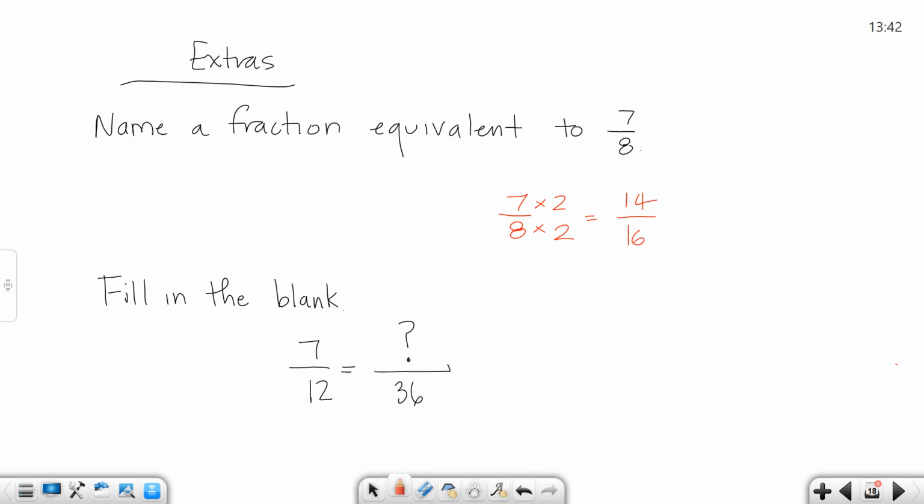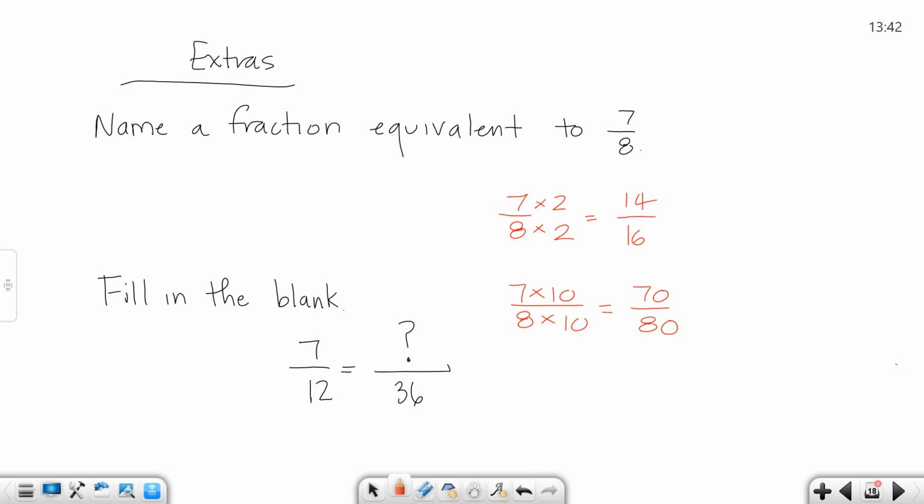Okay, so that's equivalent. You could say, oh, well, let me multiply by 10. 7 times 10 and 8 times 10. Well, that's 70/80. That's also equivalent. So there's infinitely many choices for equivalent fractions. You can pick any constant to multiply by, and as long as you multiply them on the top and bottom, you can get something that's equivalent.